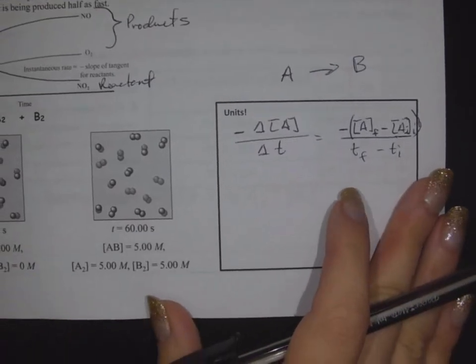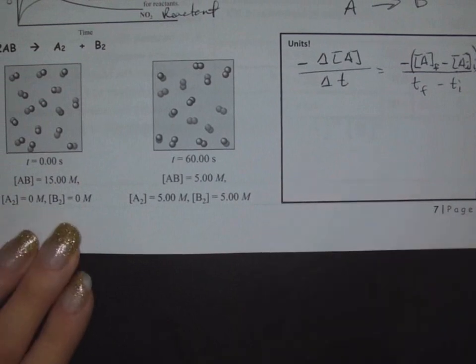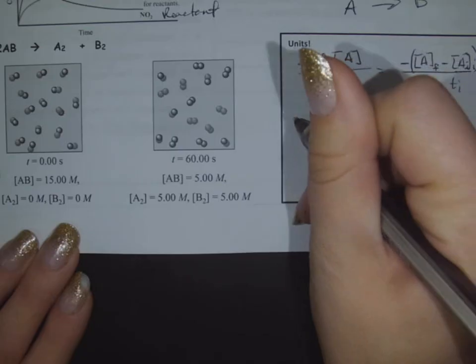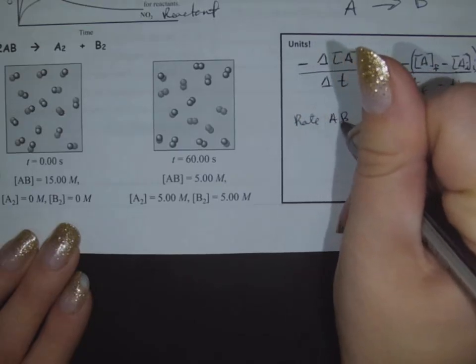So back to this example down here. What if I want you to solve for, including the units, the rate of disappearance for AB?